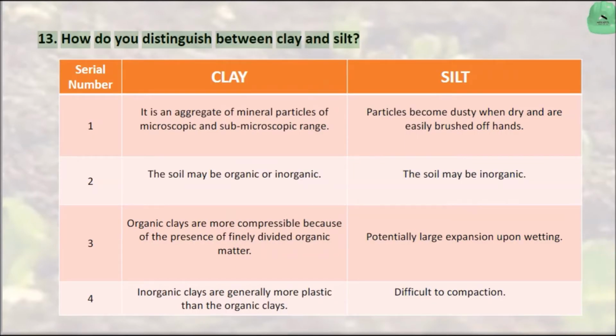How do you distinguish between clay and silt? Clay: 1. It is an aggregate of mineral particles of microscopic and submicroscopic range. 2. The soil may be organic or inorganic. 3. Organic clays are more compressible because of the presence of finely divided organic matter. 4. Inorganic clays are generally more plastic than the organic clays. Silt: 1. Particles become dusty when dry and are easily brushed off hands. 2.